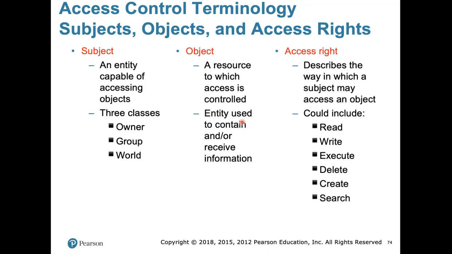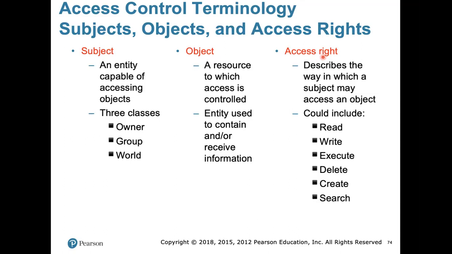An object might be an entity that contains some information, and the information is being received, read, or modified by some subjects. And then we have access right. Access right describes the way in which a subject may access an object.